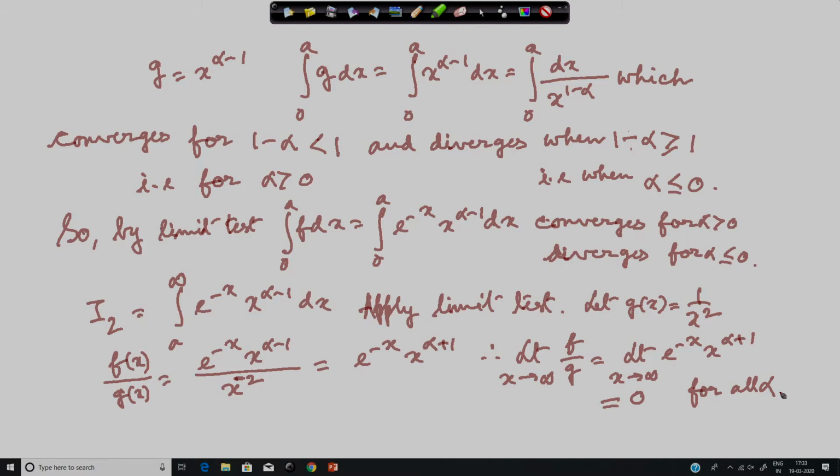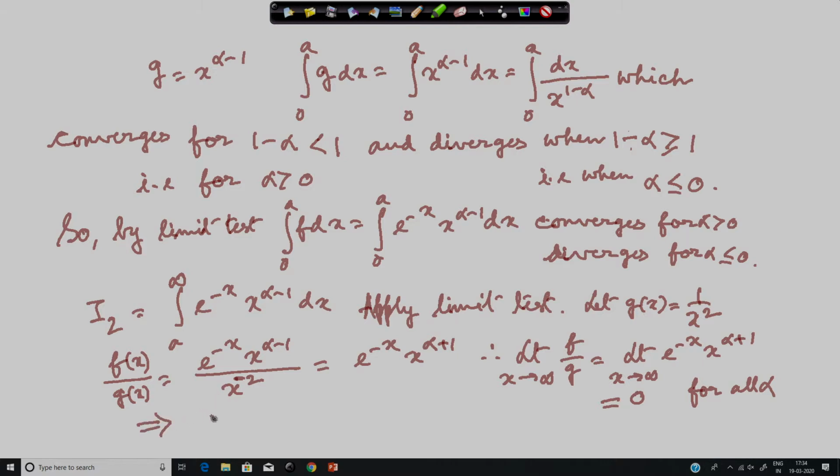Therefore, the limit becomes 0. By the help of the limit test, we can conclude only about convergence. Since the limit is 0, we cannot say anything about divergence. So, if integral g dx converges, then integral f dx also converges.